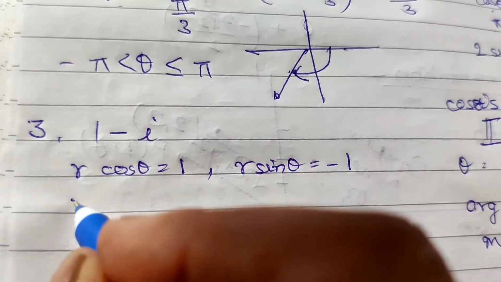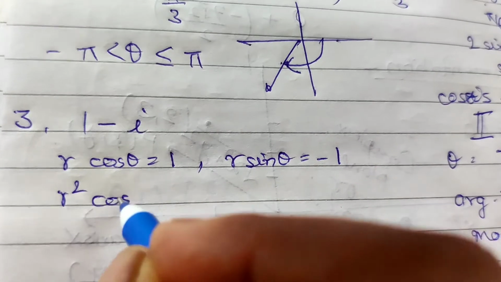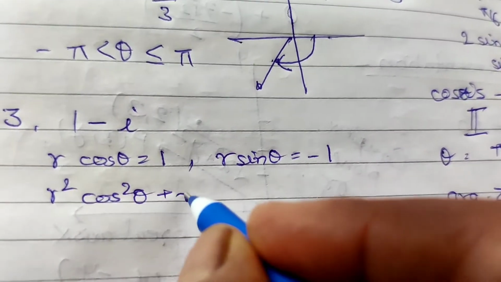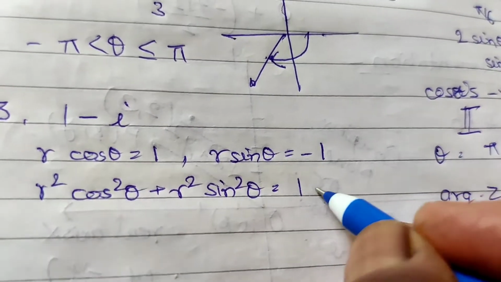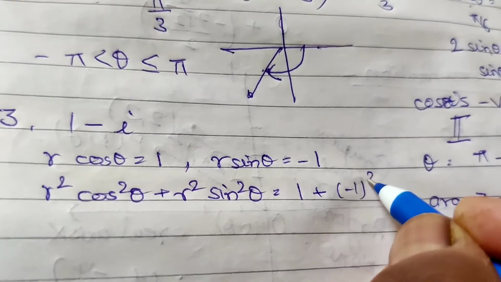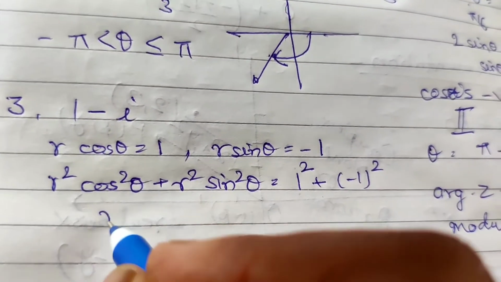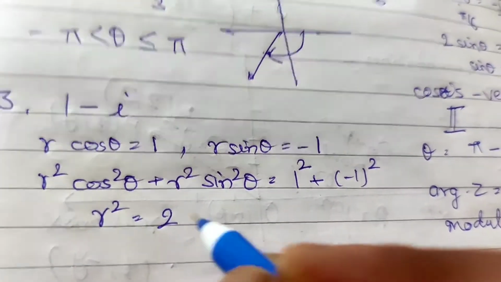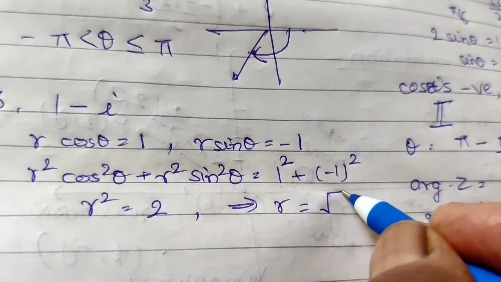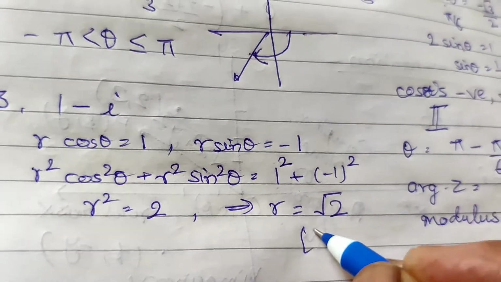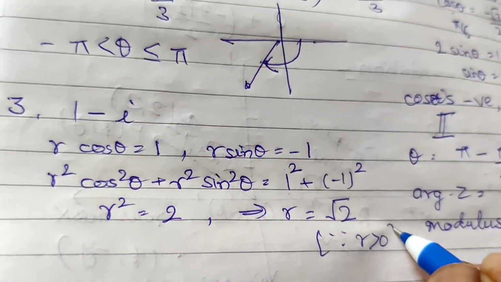Square and add both sides. r square cos square theta plus r square sin square theta equal to 1 plus 1, squares of these two numbers. It means r square equal to 2. Therefore, r equal to root 2. The reason is the same: r is greater than 0.